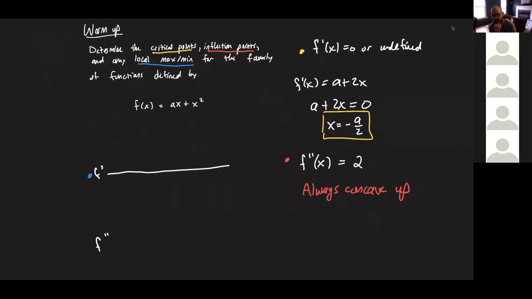If my second derivative is non-zero at that point, then depending on the concavity of my graph, we can tell if we have a local max or min. So to do that one first, we're always concave up, which means our graph looks like this. And at our critical point, the second derivative test says this is going to be a local min.